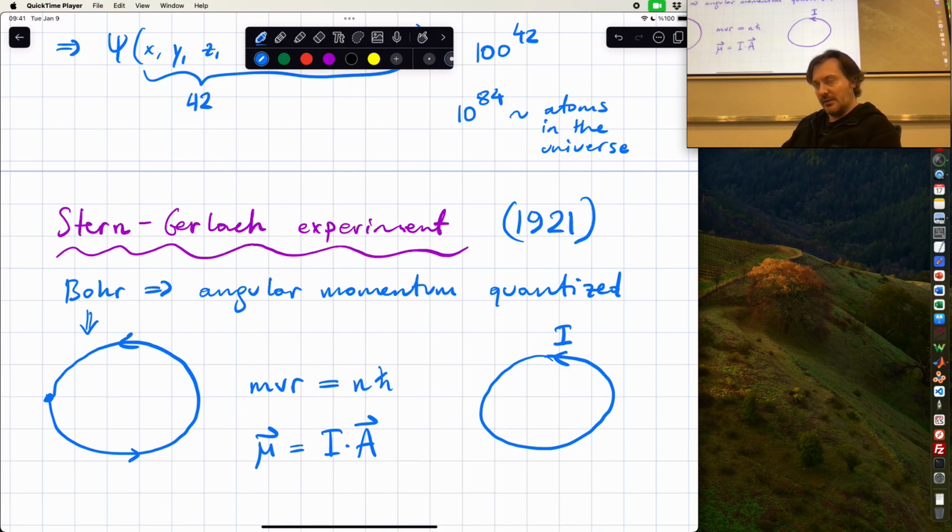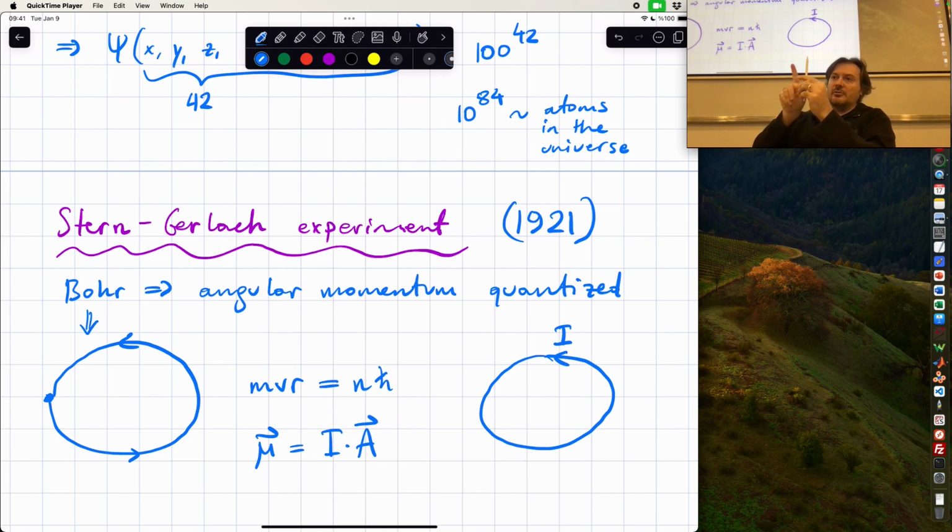And yeah, it would interact with a magnetic field. It would create its own magnetic field, and it would interact with the applied magnetic field. What would happen is that it would align with the magnetic field. So if the magnetic field is in this direction, then the magnetic dipole moment would align with this. Okay?